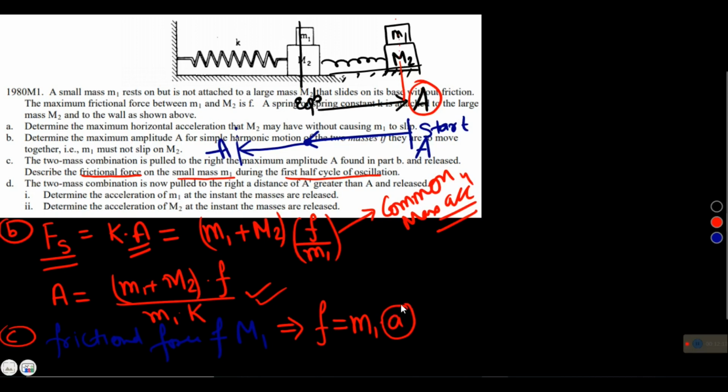When blocks start moving towards the left side, then the spring force, that was the Fs, that was the K into X, X starts decreasing.